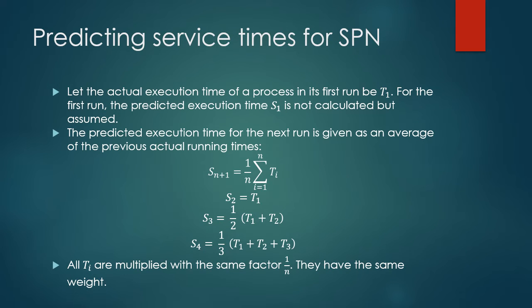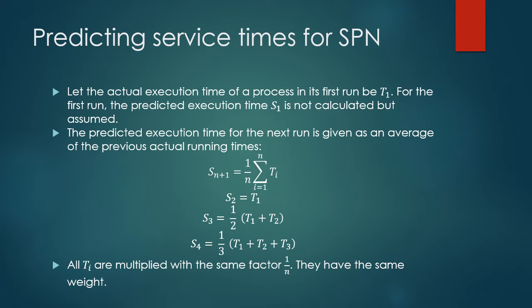A big problem for designers is predicting service times for SPN. Let the actual execution time of a process in its first run be T1. For the first run, the predicted execution time S1 is not calculated but assumed. The predicted execution time for the next run is given as an average of the previous actual running times.